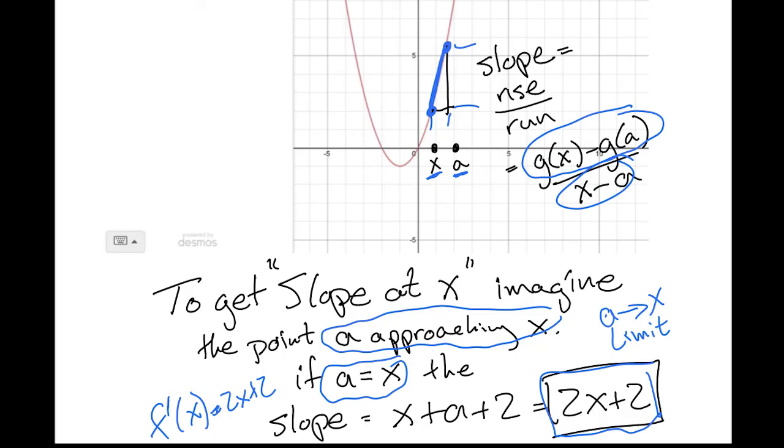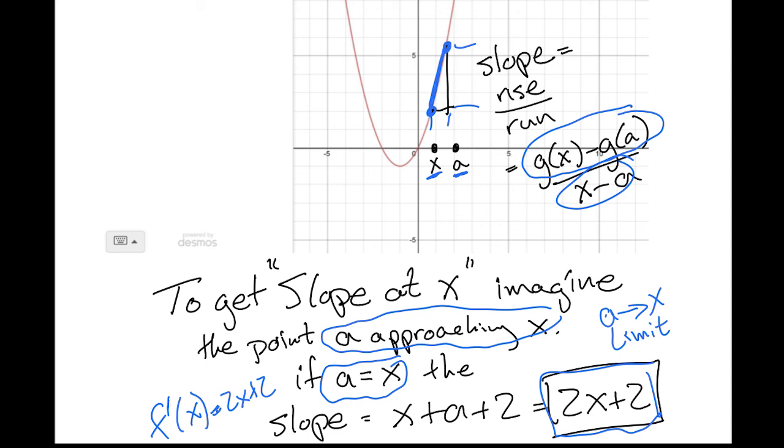If you've seen this before, or if you haven't, that parabola does not have constant slope. The slope is changing, it's curving around. And so to get the slope at a point, you kind of imagine the point a approaching the point x. In calculus, they'll talk about that as a approaches x, and they'll use the word limit.